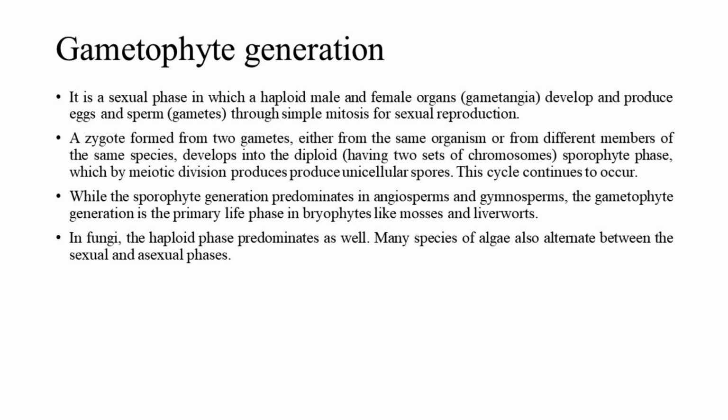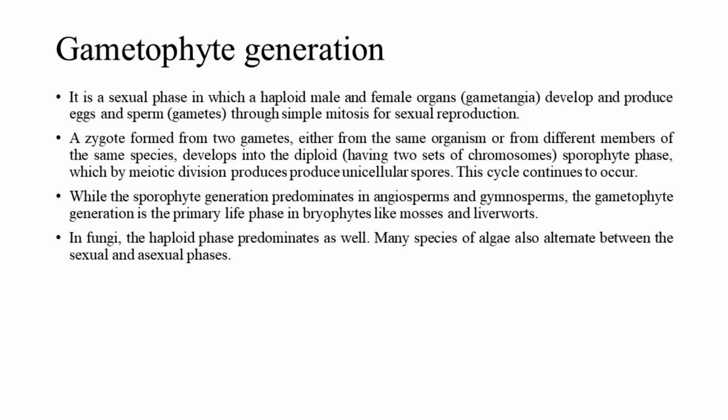A zygote formed from two gametes, either from the same organism or from different members of the same species, develops into the diploid sporophyte phase, which by meiotic division produces unicellular spores. This cycle continues to occur.